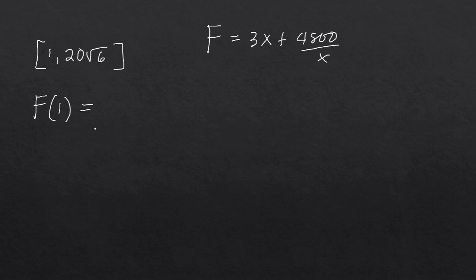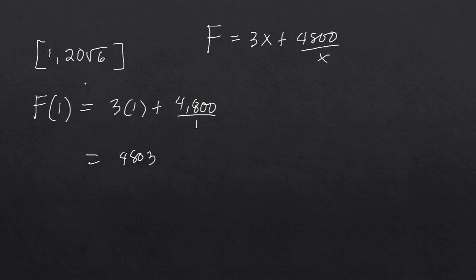And we know that your f is just equal to 3x plus 4,800 over x. So if x is 1, it will give us 3 times 1 plus 4,800 over 1, or somehow, it gives us 4,803.